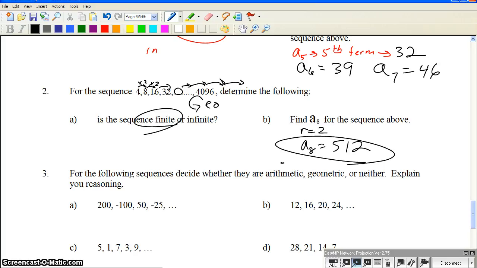Now here's the deal. By the way, this is kind of interesting. This is 2 to the n plus 1 power, the closed form of this. If you're familiar with computer language and computer memory values, that's a very common computer memory value. This is also 4096, 32, 16, 8, 4.